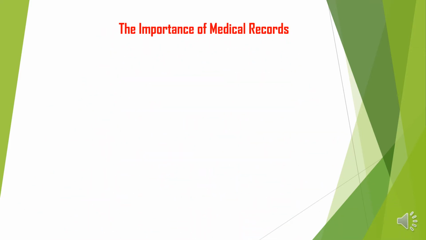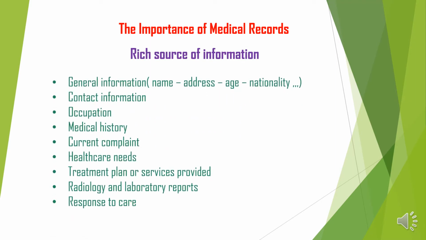So again, what's the importance of the medical record? It's a rich source of information. We can take general information from the medical records like name, address, age, nationality, and so on. Contact information: for any patient, we can go through the medical record, because you know that the first page of the medical record should contain all the relevant information, with the contact number, with the next of kin, with a photo of the ID card of the patient.